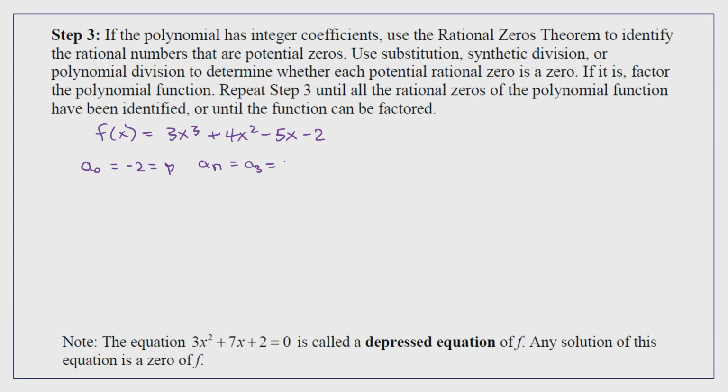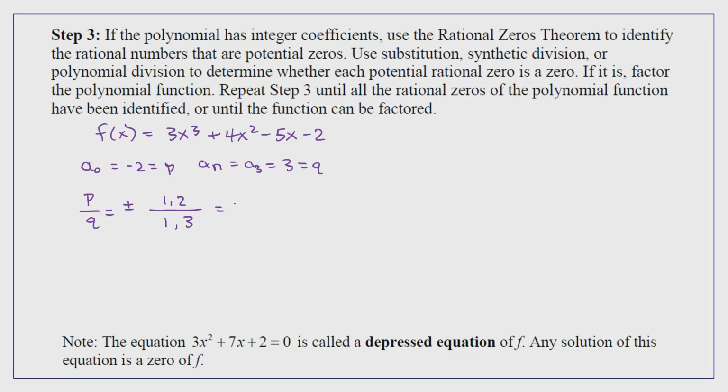So that is going to be 3, which is q. So now I need to find the factors of p and divide it by the factors of q. So I will have plus and minus. The factors of -2 or 2 would be 1 and 2. The factors of q would be 1 and 3.